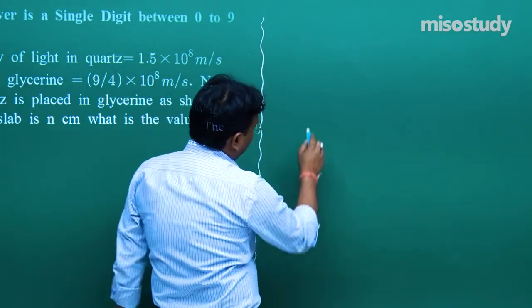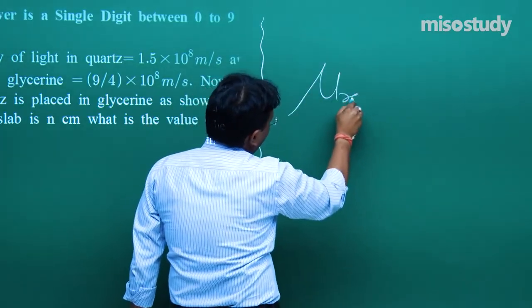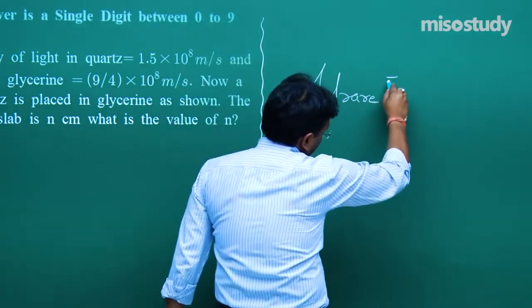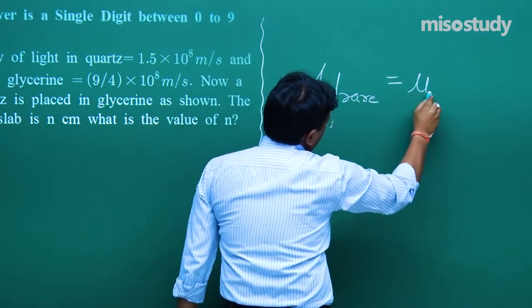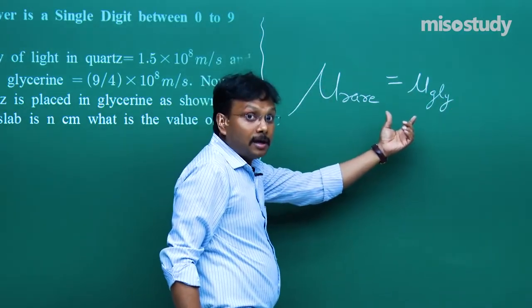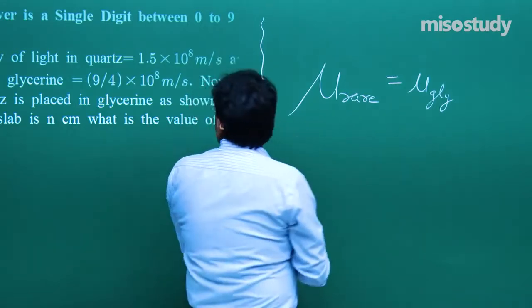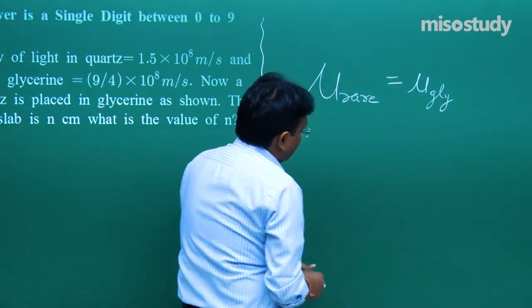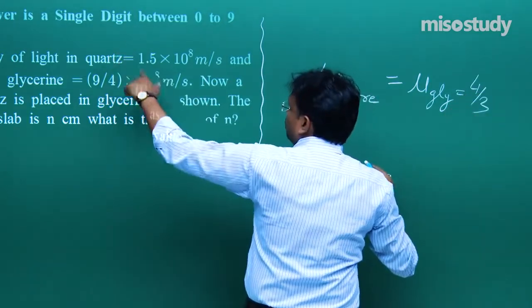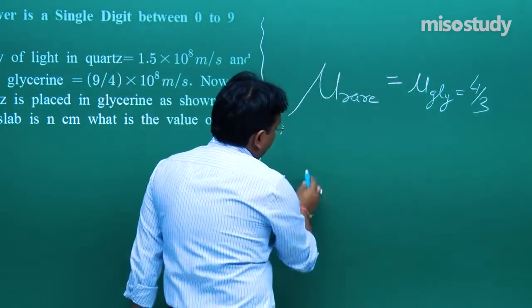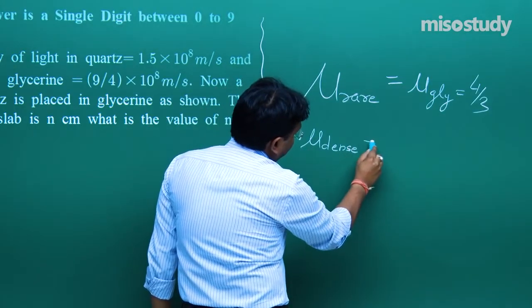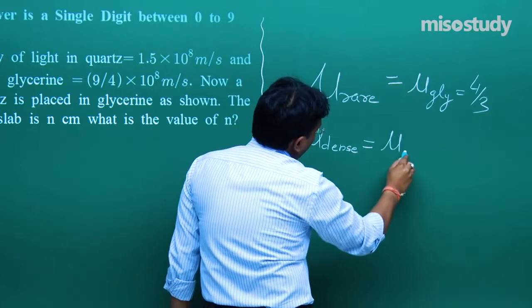So it is like that, mu rare. Fine. Mu rare is equal to mu glycerine, because glycerine is rarer than quartz. So mu glycerine is equal to 4/3. Very easily by using these values you can get. And second is mu denser. Mu denser is mu quartz.